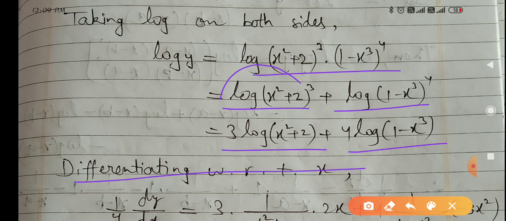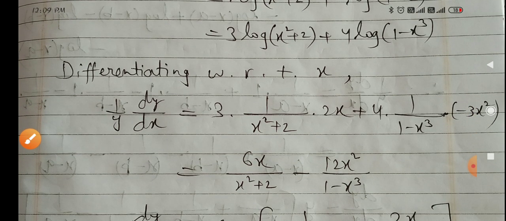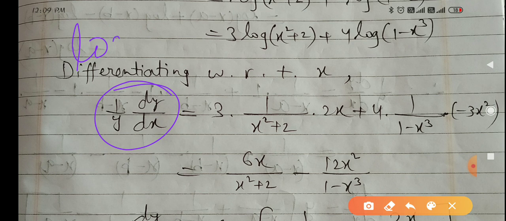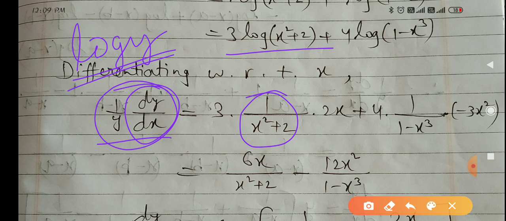Now you differentiate with respect to x. Differentiation of log y is 1 upon y, and because it is not x, dy upon dx. Now differentiation of log (x square plus 2) is 1 upon (x square plus 2), and differentiation of x square plus 2 again you will do, that will come in multiplication.